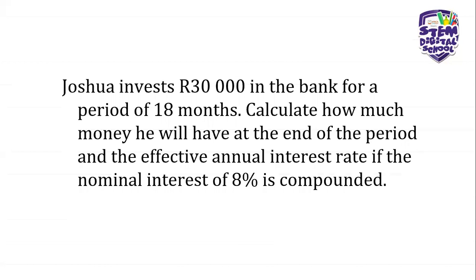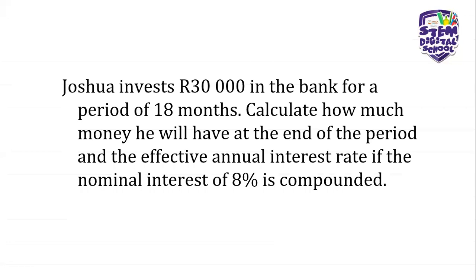This simply means we have got 1.5 years, 1 year and 6 months. That is the period that we have.